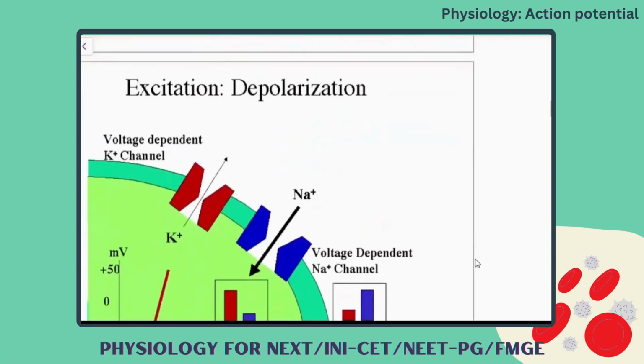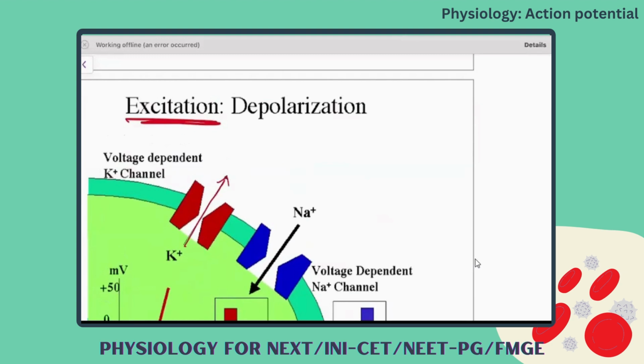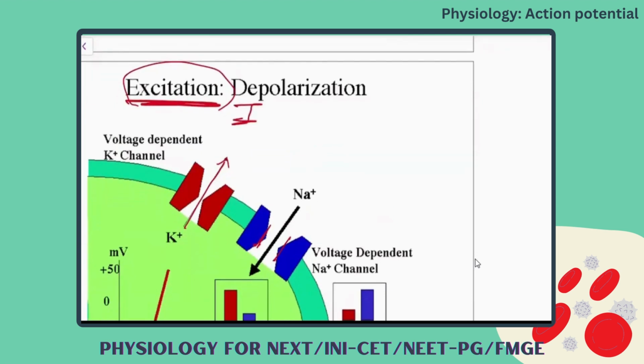When the resting membrane potential gets a stimulus, excitation, what happens? Still the potassium leakage is taking place, but the sodium channel is open in the presence of the stimulus, which is called excitation. The polarized state is getting deviated, so you term it a depolarized condition, depolarization. So what happens? The inside of the cell becomes positive and the outside becomes negative.